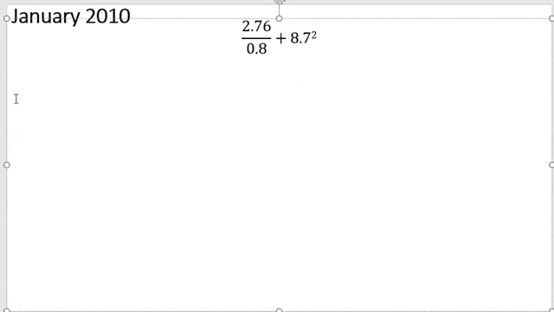So this is our first question, which contains decimals. What we can do is go ahead and work, as the question actually asks calculate to give the exact value using a calculator. So we can say 2.76 divided by 0.8, and you will get 3.45 plus the square of 8.7, which is 75.69. Why this question is actually here is that when I was preparing the fractions work, I saw this question.